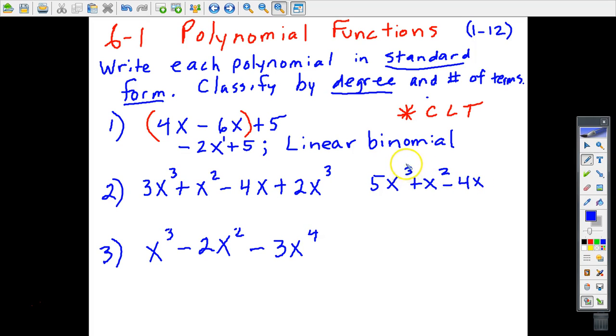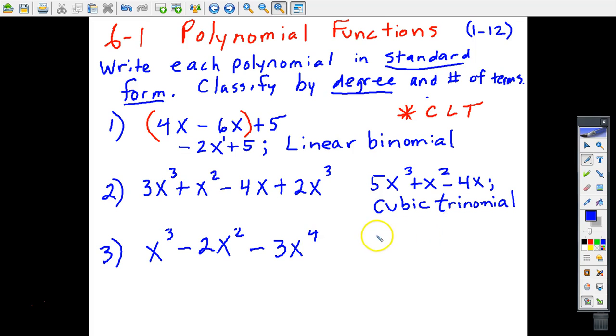Notice my exponents go from highest to lowest in order. Now I'm ready to classify. That's the standard form. The highest exponent for x is 3, so that's called cubic. And there are 3 terms in this expression, so that's called a trinomial.